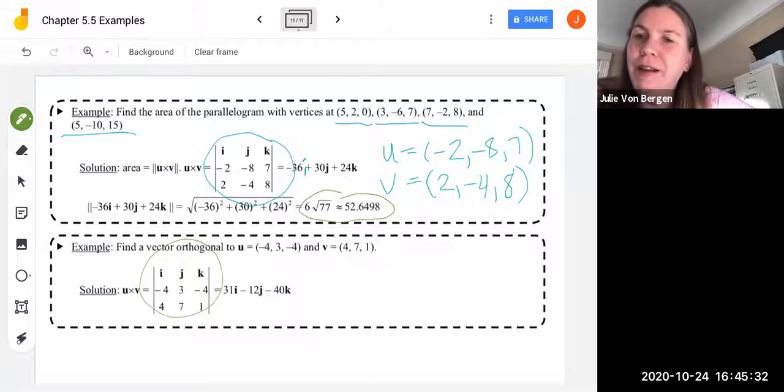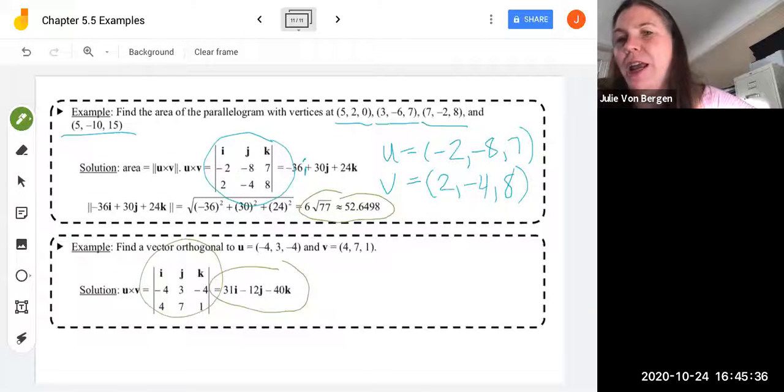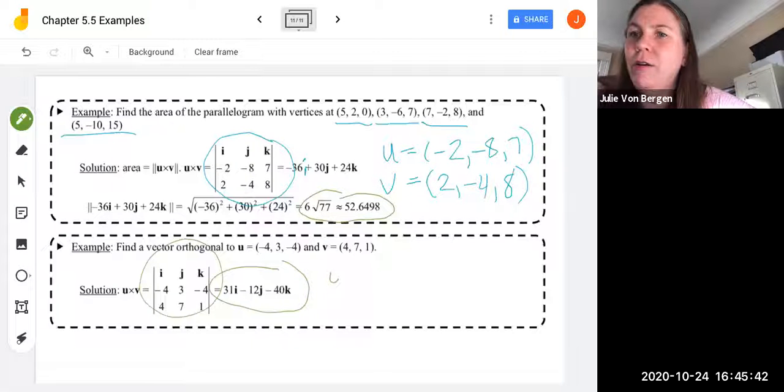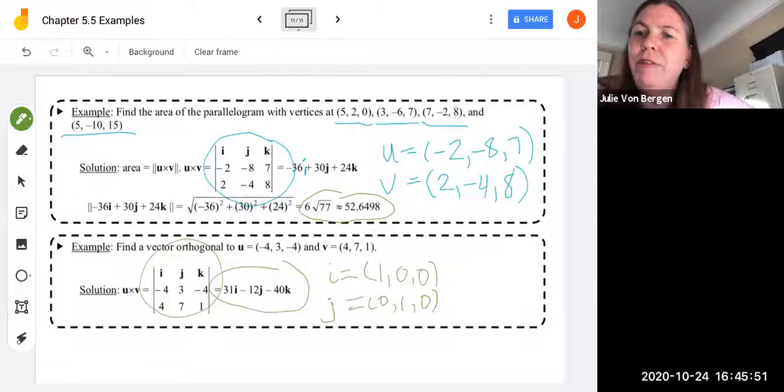And then we do the determinant to get our vector here, 31i minus 12j minus 40k. And remember, i, j, and k are just our basis vectors. So here i is just (1, 0, 0). So if you want to write out the standard basis vectors instead of writing i j k, that's fine. If you've done physics class, you're probably in the habit of writing i j k, so whichever you prefer.